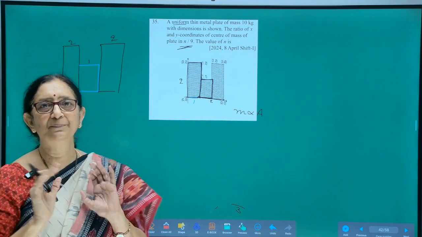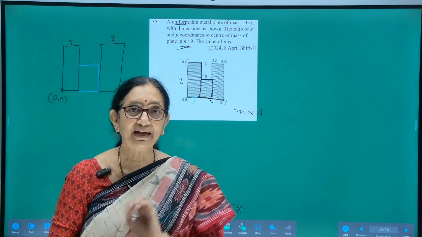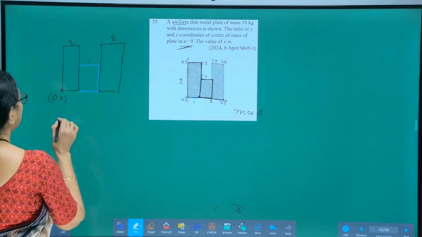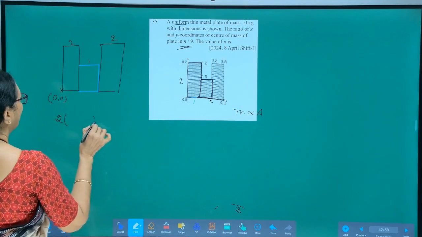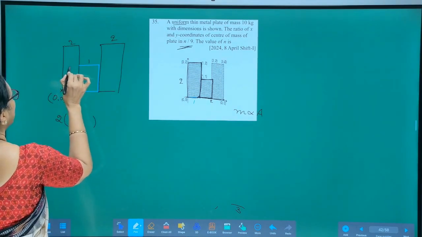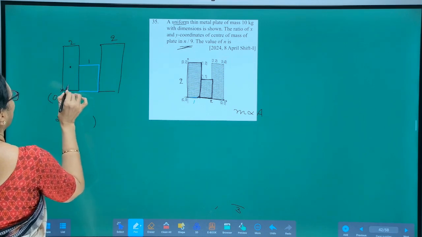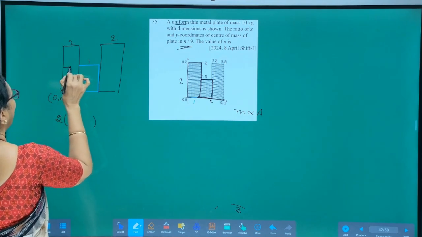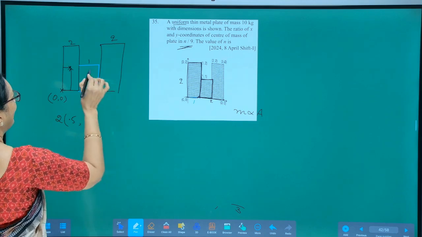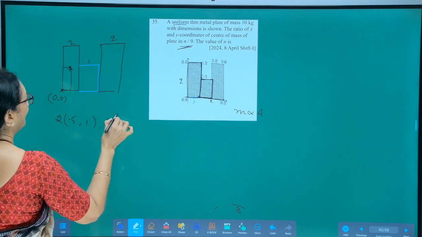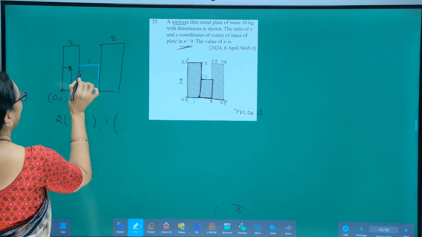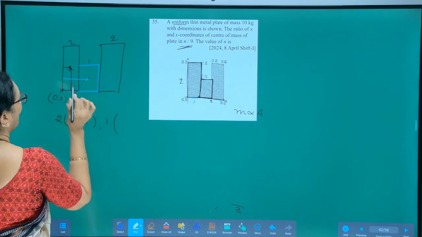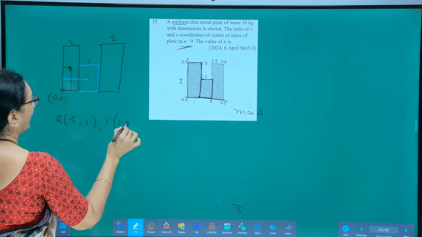Here the most important thing is identifying the centers of mass of the individual portions. This mass is taken as 2, center of mass coordinates: it is at the center. So, x coordinate is 0.5 and y coordinate is 1. Next, this is 1, mass is 1. For this, the center of mass: x coordinate is 1 plus 0.5, 1.5.